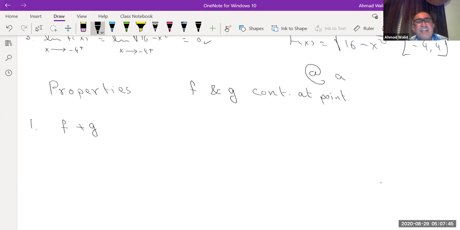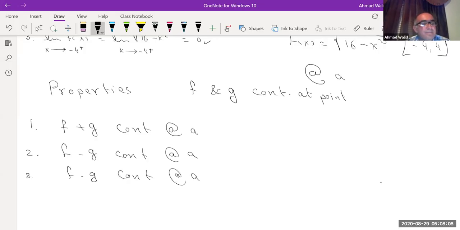Number 1, f plus g is continuous at A. If you add these two functions, it's again continuous. Number 2, f minus g is continuous at A. Number 3, f times g is continuous at A, right?